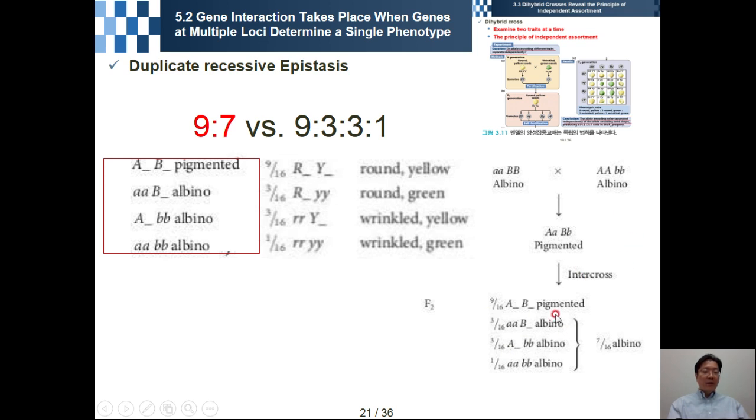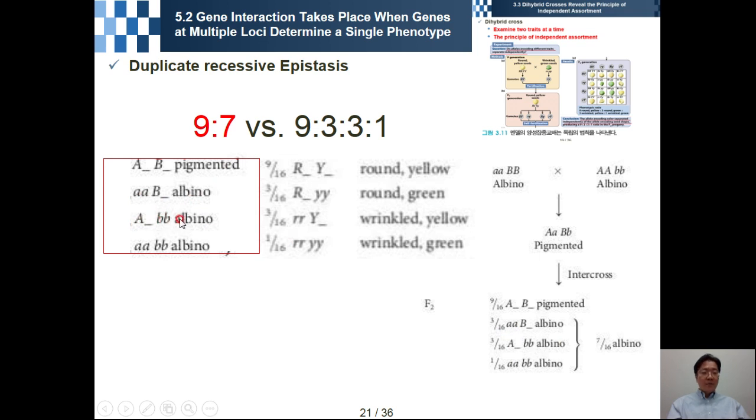So finally, we have the 9 to 3 to 3 to 1 genotypes. In these cases, the large A, large B will be pigmented, they will have brown color. But small aa, large B will show albino. If they have small bb, they will also be albino.